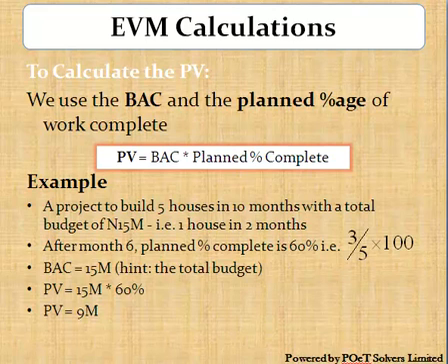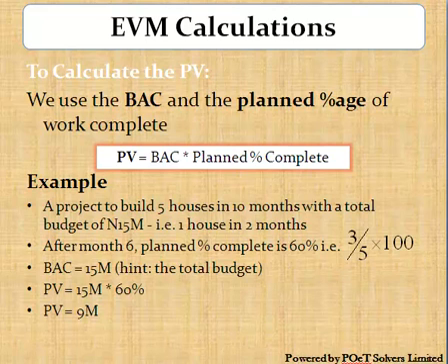For example, a project to build 5 houses in 10 months with a total budget of 15 million naira. Parametrically, this is equivalent to building 1 house in 2 months, 2 houses in 4 months, 3 houses in 6 months, and so on. Also, by definition, the BAC in this example is 15 million naira.